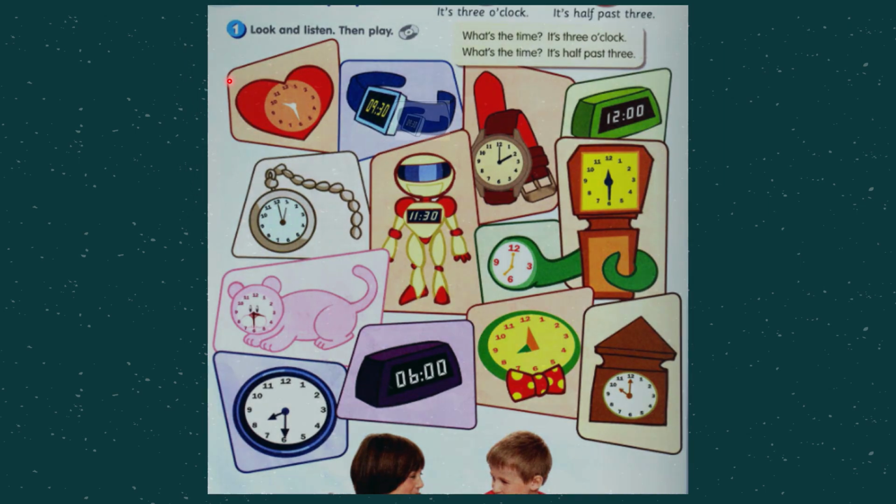Next one. This is a digital clock. It shows 9:30. What time is it? It is half past 9. Next clock. In this clock, we see that the shorthand is pointing at 2 and the longhand is pointing at 12.